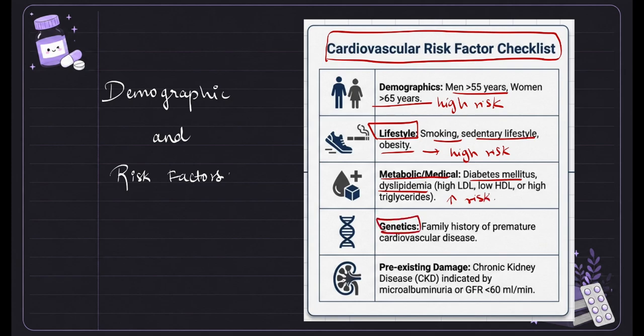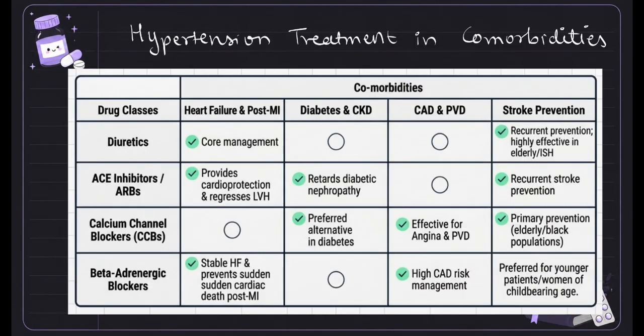A family history of premature cardiovascular disease is a big red flag. Finally, pre-existing damage like chronic kidney disease confirms a heightened vulnerability. When these risk factors start piling up, the patient's overall danger level rises, and that demands a much lower, much stricter target blood pressure. Let's smoothly transition to our final area, specific clinical indications.